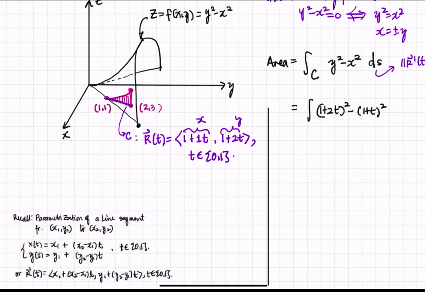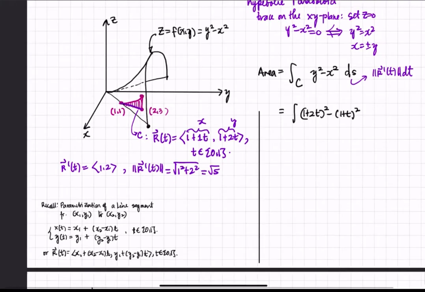So, r prime of t dt. r prime of t is the derivative of this with respect to t, which is 1, 2. And its magnitude is the square root of 1 square plus 2 square, which is square root of 5.